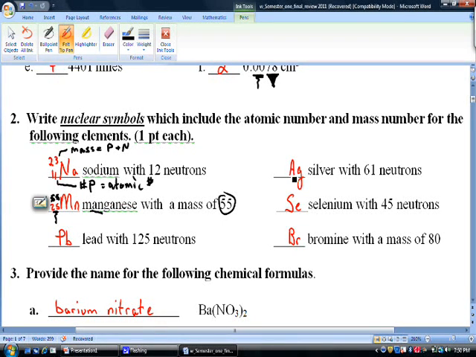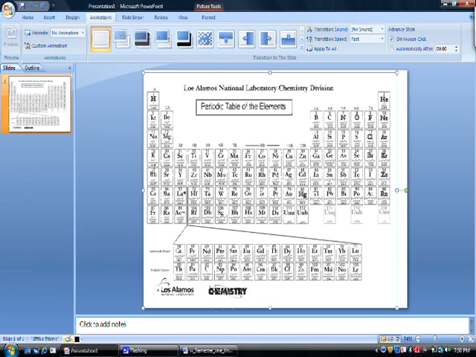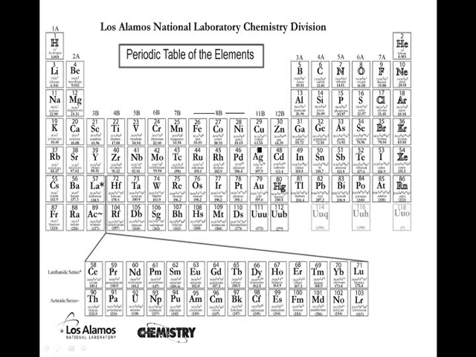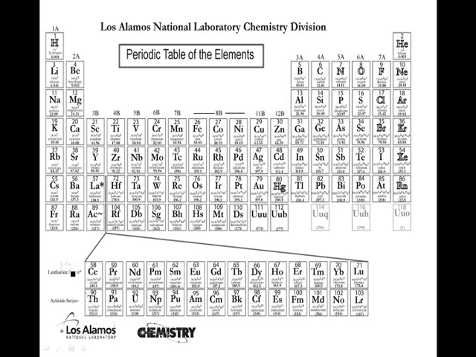So to do silver, we take a quick look here at the periodic table. Oops, there we go. And we find silver. We look at silver and we see its atomic number is 47.